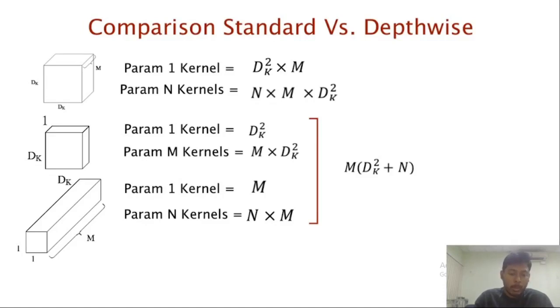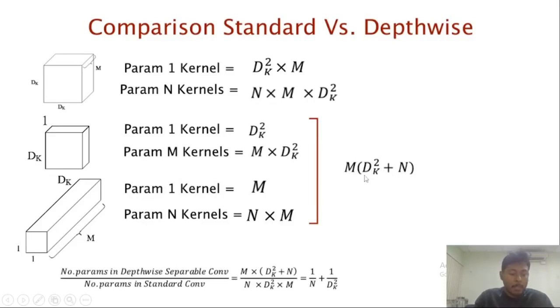So if we add both depthwise and pointwise parameters, we get m dk square plus m into n number of parameters, which is m within brackets dk square plus n. If we compare how many parameters we have reduced, we can check it like this: the number of parameters in depthwise separable convolution divided by the number of parameters in standard convolution, which yields 1 by n plus 1 by dk square.